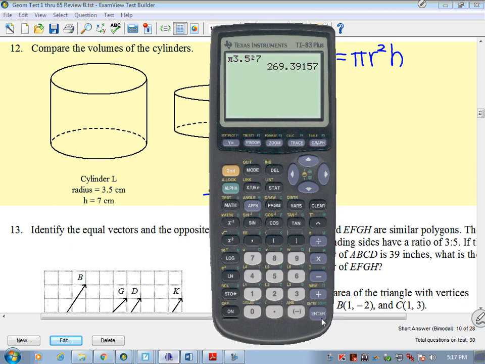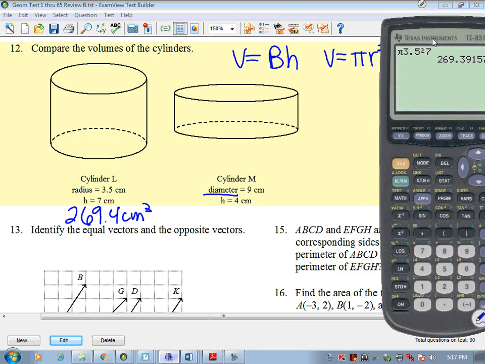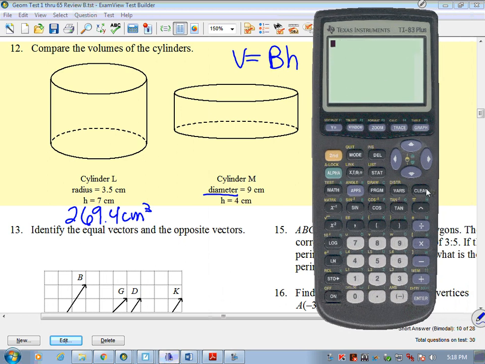Okay, 269.4 centimeters cubed. And as I look at their answer on 12, in the end they're just going to want you to look and see which one has the biggest area, or sorry, volume. Okay, let's clear that out and try this other one.